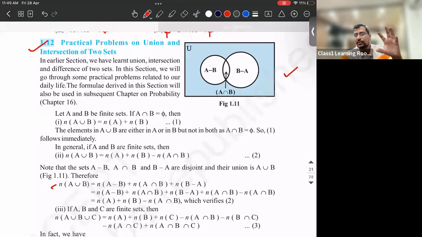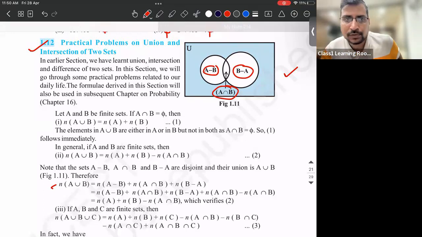You have the universal set, you have A, you have set B. This is A minus B, this is B minus A, and this is A intersection B. Have this in your mind because this is what we are going to use when framing the equations. I'll not call it a formula. We're going to just use the logic and frame the equation.